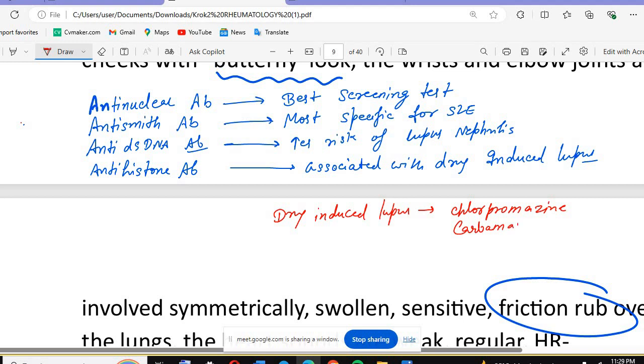Can anyone tell me what carbamazepine is the drug of choice for? There is another drug, hydralazine, that causes drug induced lupus, and we have isoniazid. Isoniazid is an anti-tubercular drug that causes systemic lupus erythematosus.